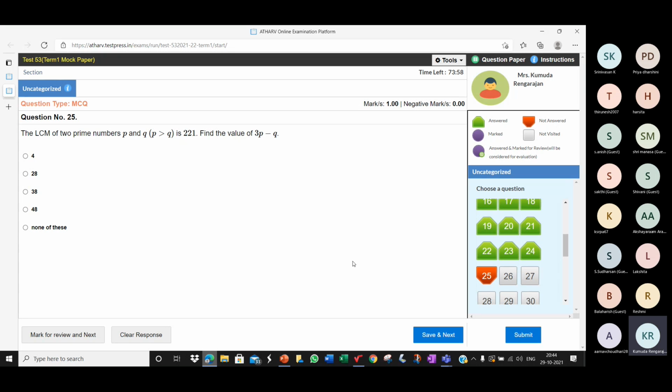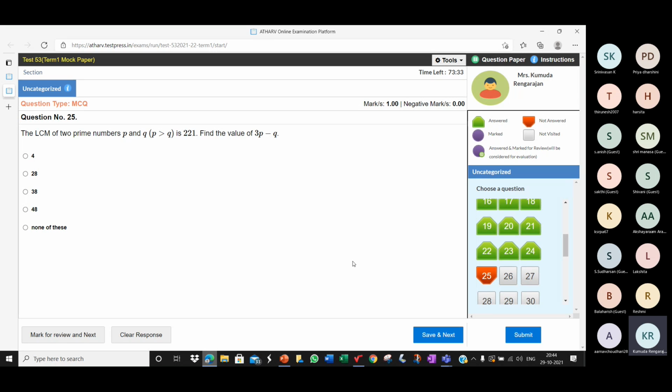Children, not this long. 221 is the product of 17 and 13. Good. 13 into 17 is 221. And we see that 13 and 17 are prime numbers. So obviously their LCM is their product, 13 into 17, which is 221.